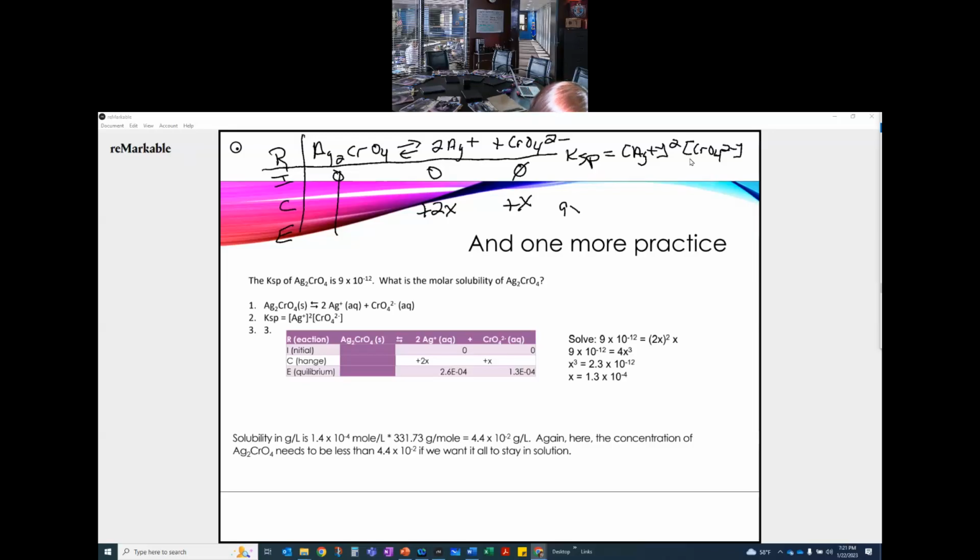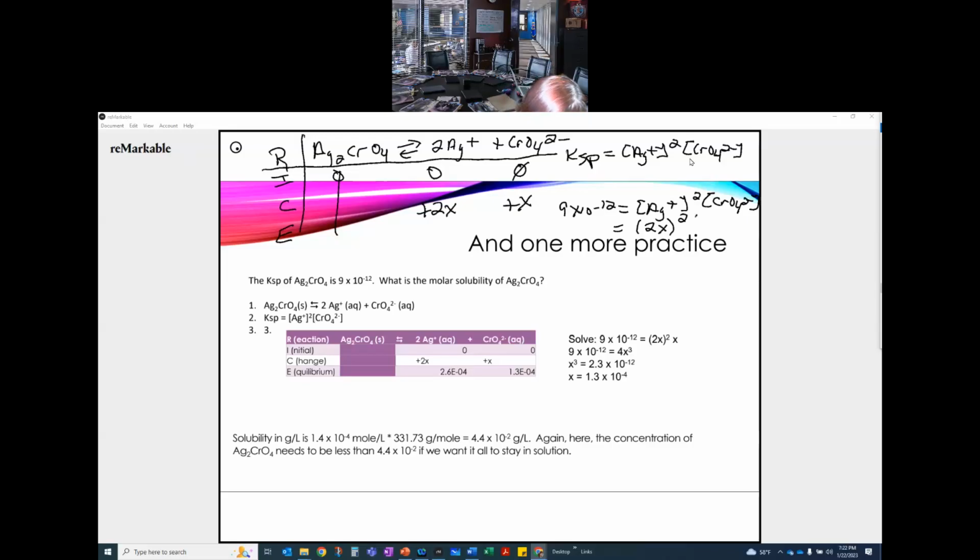So 9 times 10 to the minus 12 is equal to the concentration of Ag+ squared times the concentration of CrO4 2-. I also know from my ice table that the Ag+ is going to be 2x. And I have to put that in and then square that, okay?